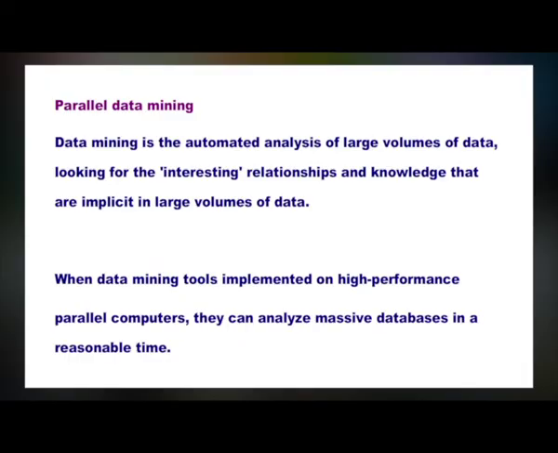Now, since we have an idea about DDM, let us look at what is parallel data mining. In general, data mining is the automated analysis of large volumes of data looking for interesting relationships and knowledge that are implicit in large volumes of data.